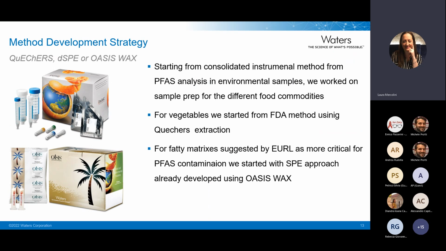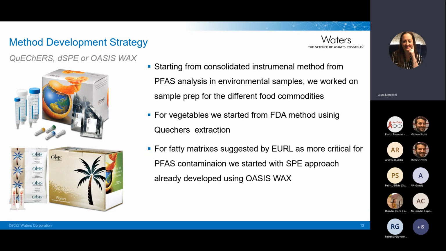Our strategy is to develop a simple, efficient method for extraction. So we are concentrated on the sample prep. Regarding vegetables, we started from the FDA method using QuEChERS extraction, followed by dispersive SPE.